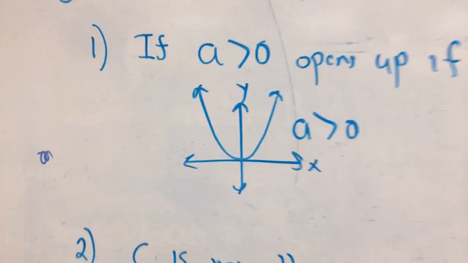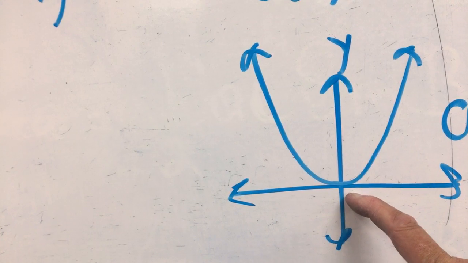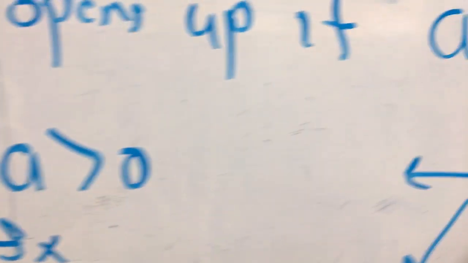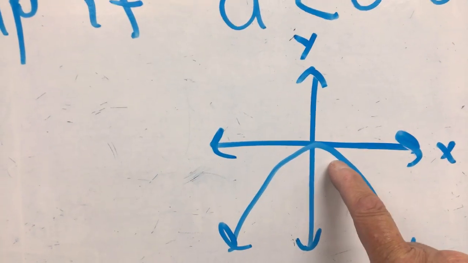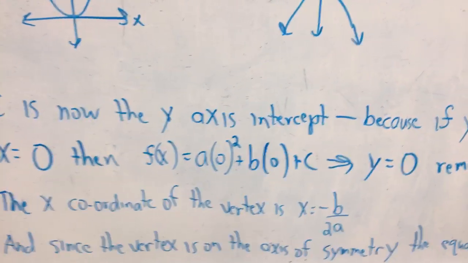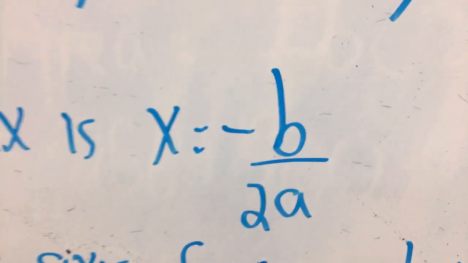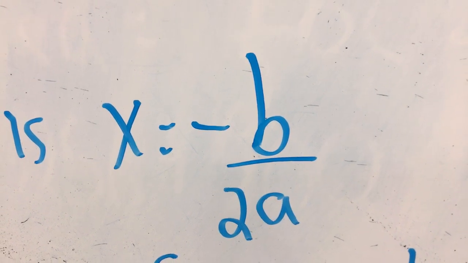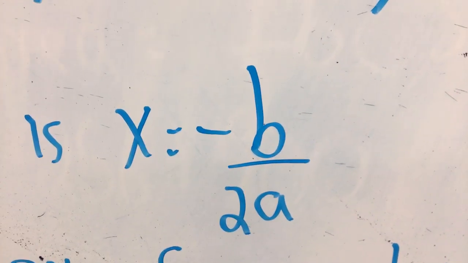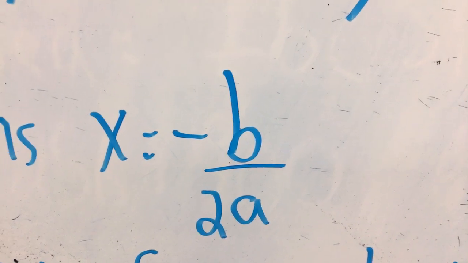Remember, the vertex, right there, is the lowest point of the parabola if it opens up, and it's the highest point of the parabola if it opens down. That's the vertex. All right. The x-coordinate of the vertex can be found using this equation, and you're going to need that: x is equal to negative b over 2a. So you go to your quadratic, you take the coefficient in front of the squared term, that is a.